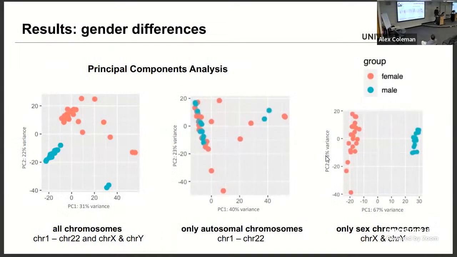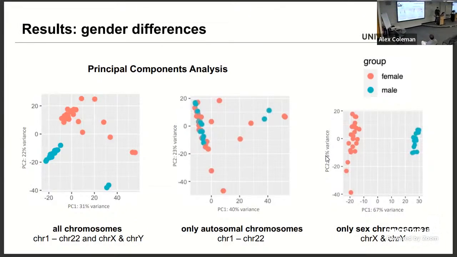Moving on, another potential confounding influence that I looked at was the influence of gender. And these results were quite surprising.